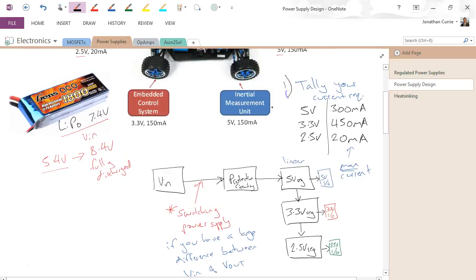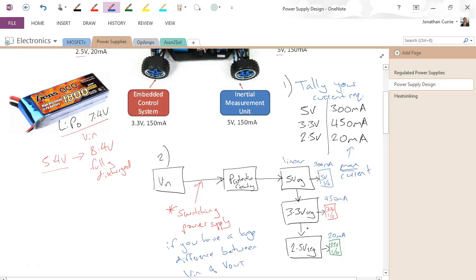Okay, so starting by tallying current requirements, drawing a block diagram, I can now fill in the current requirements. In this case, I need 20 milliamps for the 2.5 volt, 450 milliamps here, and 300 milliamps here.